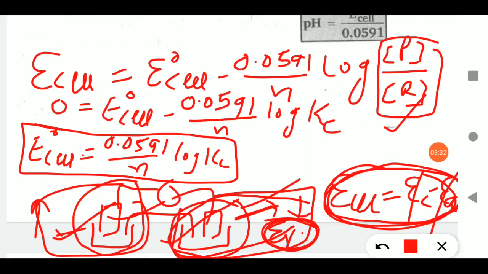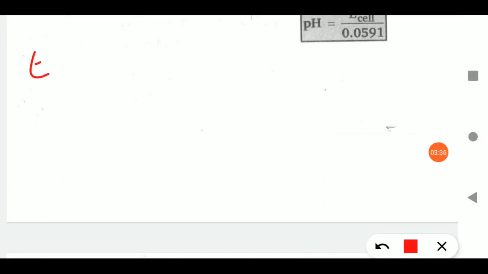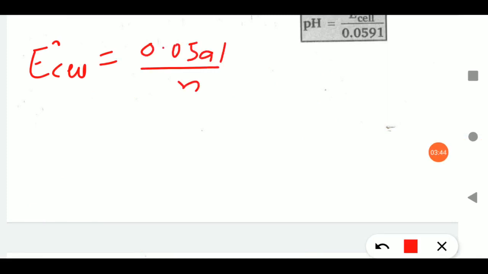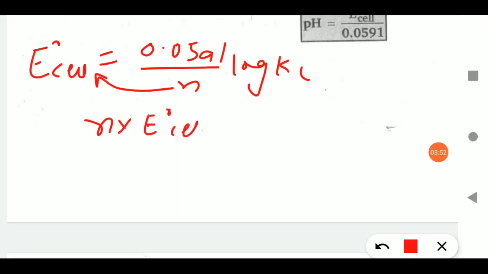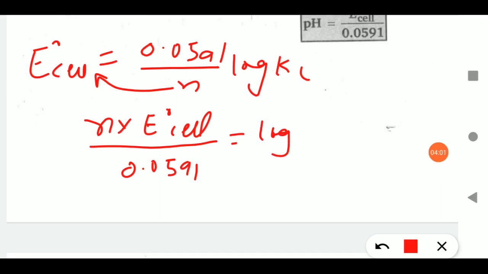What was the equation? E naught cell is equal to 0.0591 upon n log Kc. So n into E naught cell divided by 0.0591 is the value of log Kc.